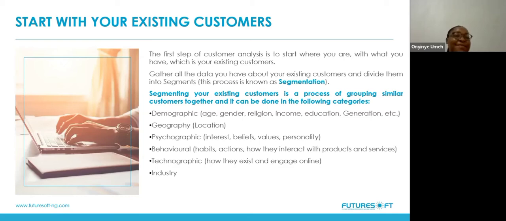TikTok is for a very different generation as opposed to LinkedIn, Facebook, and Instagram. So this is the way that they interact with technology. Are they open to it? Are they quick to learn? So technography is another way. You could also use the industry where they work and interact with to divide them.